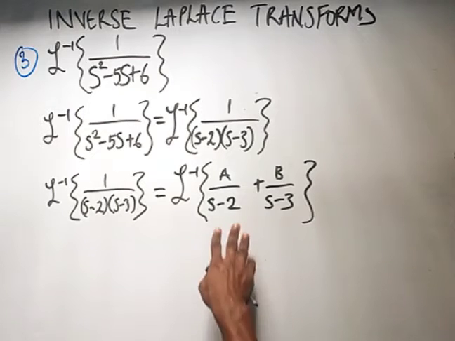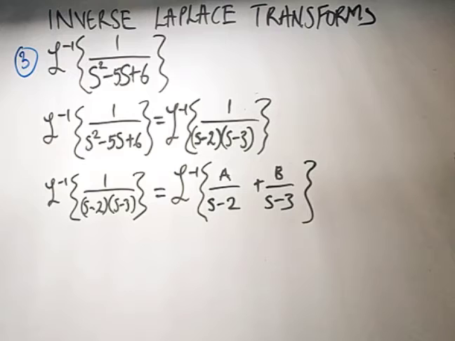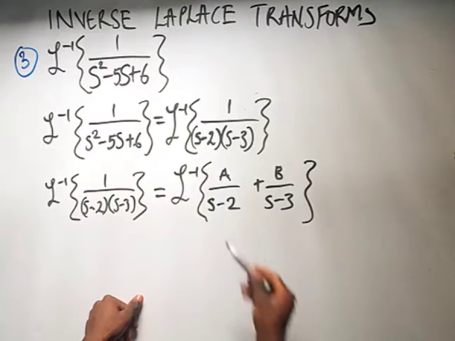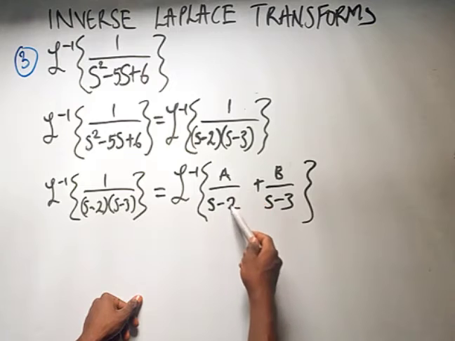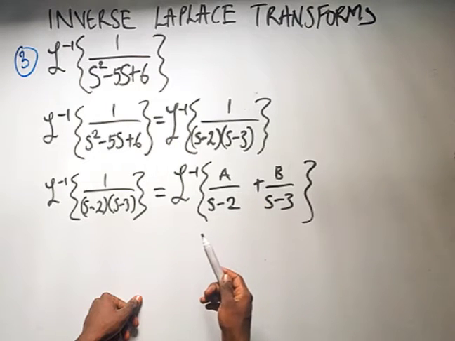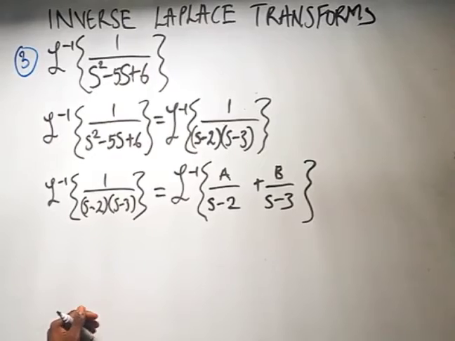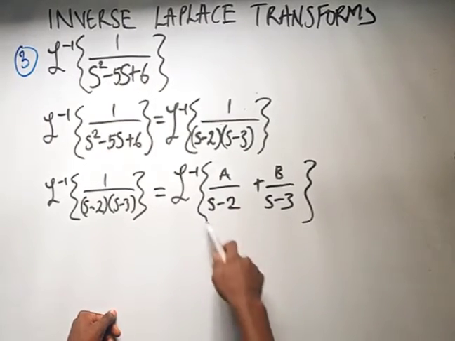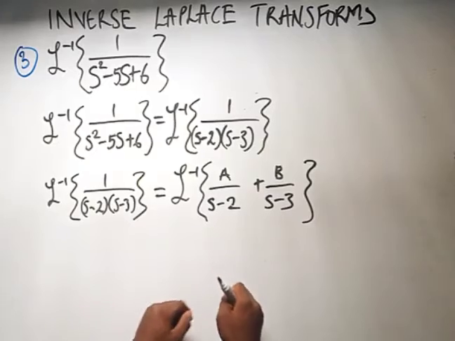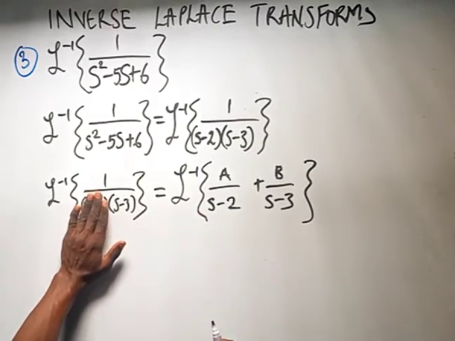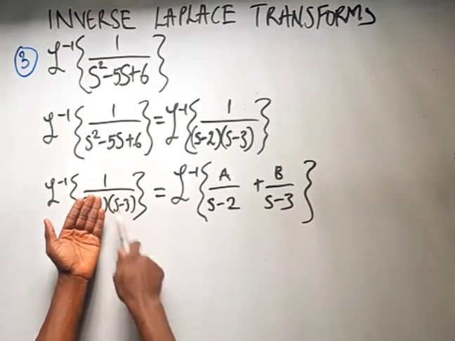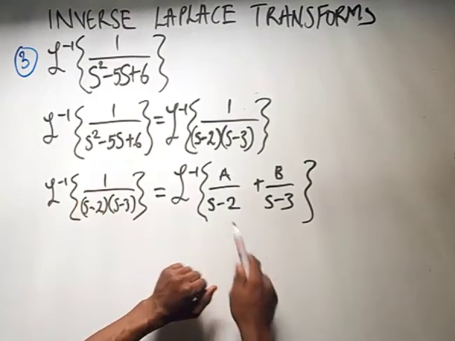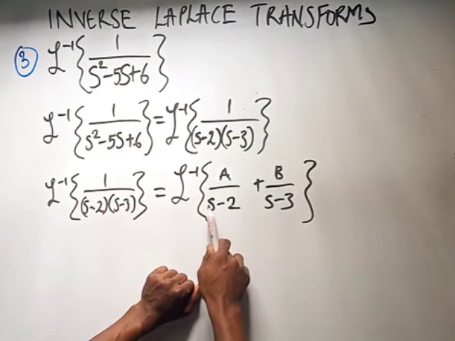So to get these values of A and B, I would like to do this real quick using the cover-up method. So I'm going to check which value of a will make this first fraction here undefined. And what we get is that it is 2 that will make this first fraction undefined. So I will cover that up in here, then plug in 2 for a wherever you find a.